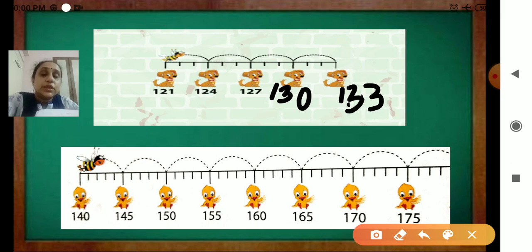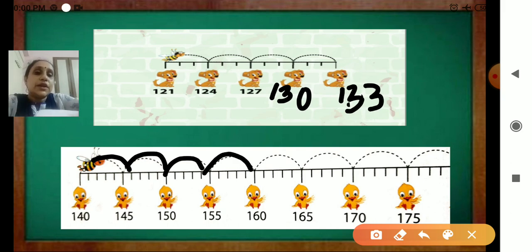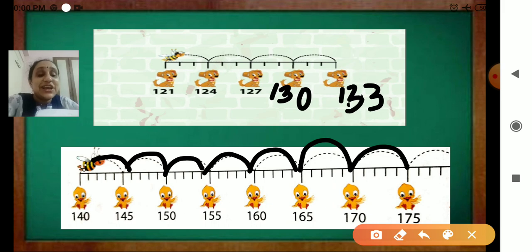Now the next one, see, the honeybee is flying. The number is starting from 140, 145, okay, 150, 155, 160, 165, 170, 175. So you can make it out. It is the skip count of 5's. Clear?